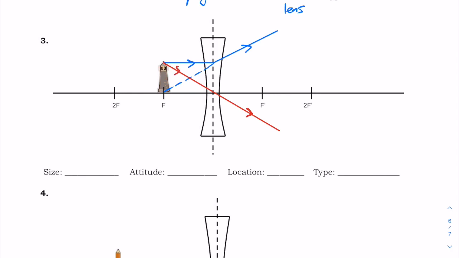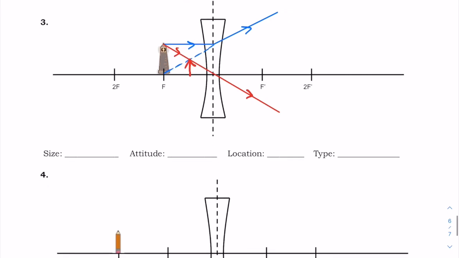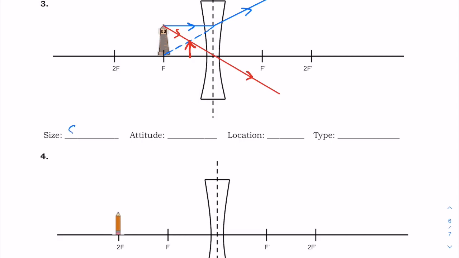All right, and the image forms right about here. Notice that the image is smaller, upright, behind the lens, and virtual.